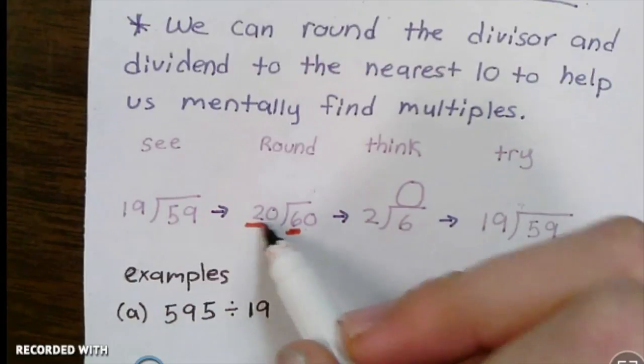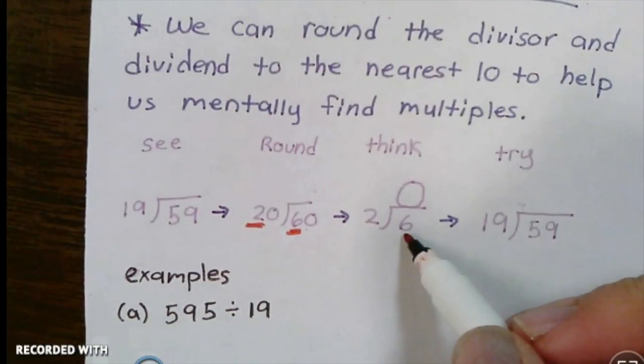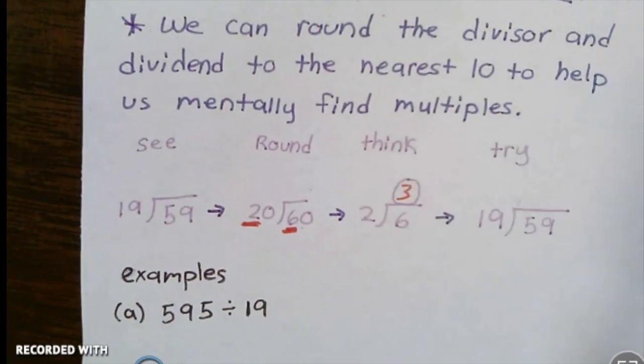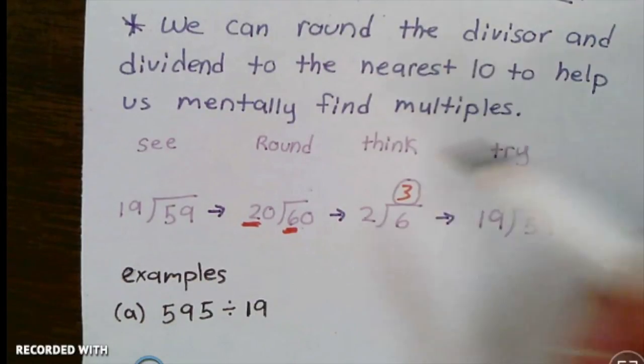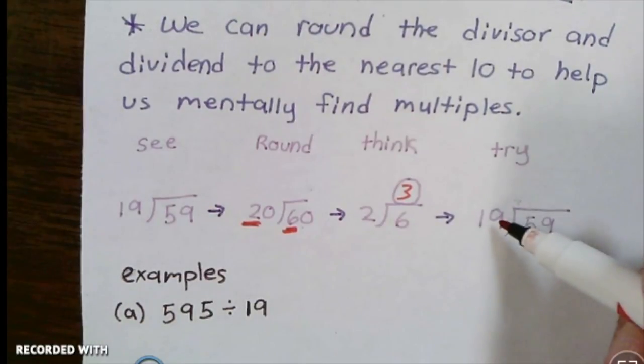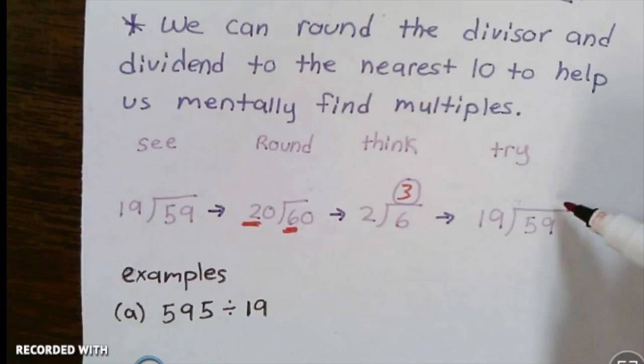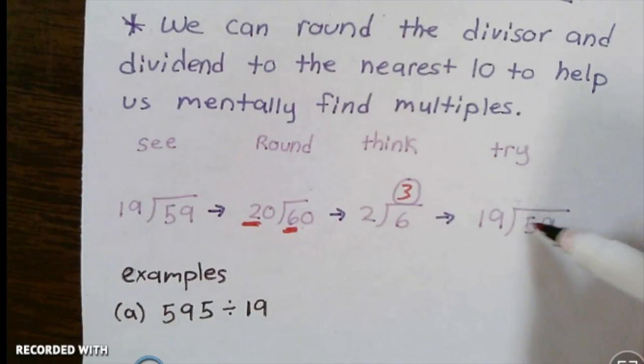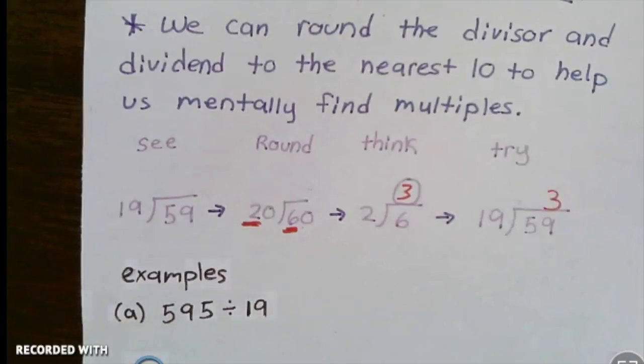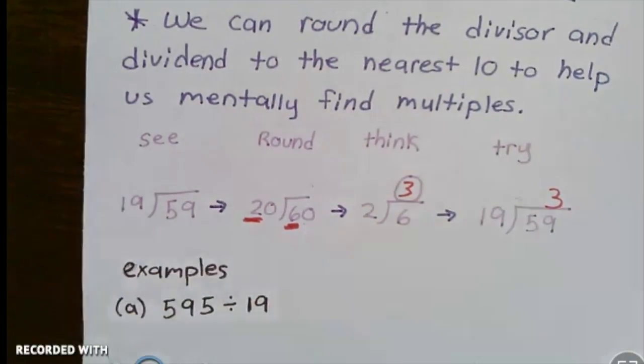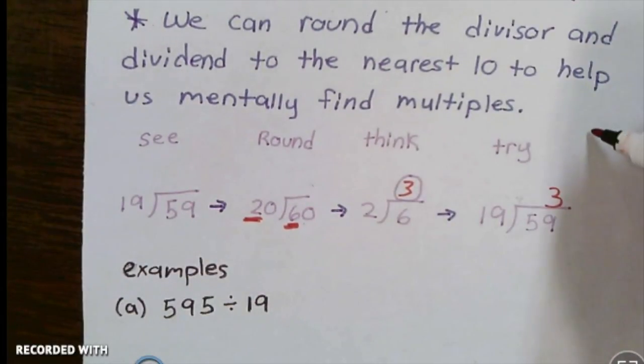And we say, well, how many times does 2 go into 6? And we think, well, 3 times. And so then I'm going to do the same thing here. It's going to be 19 goes into 59 3 times. Okay? And then I'll do 19 times 3.